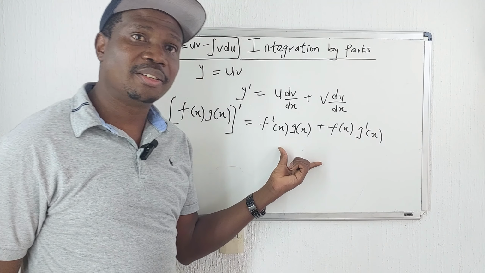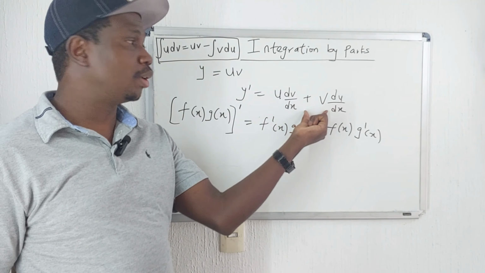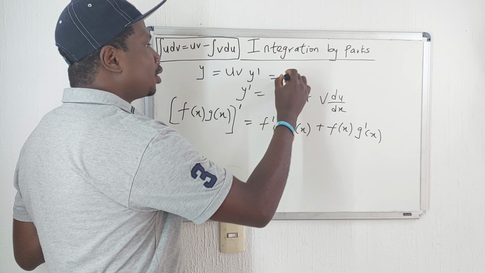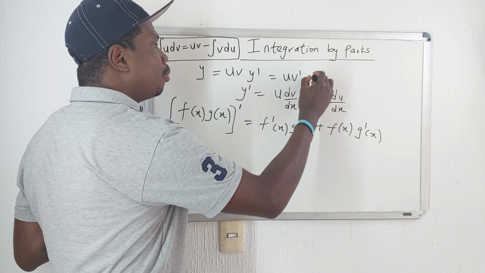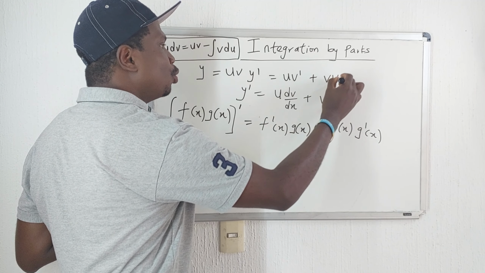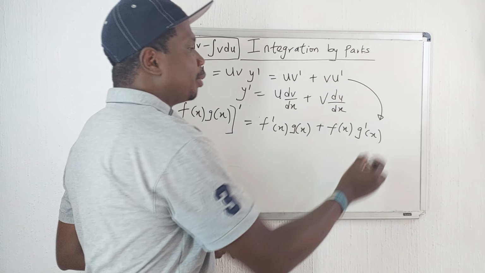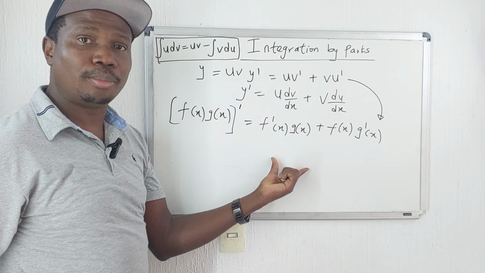Right? This is the first thing to do. This is the same thing as this one. Or you can say y prime equals u v prime plus v u prime. So this is actually represented in this form. We represented this one in this form.